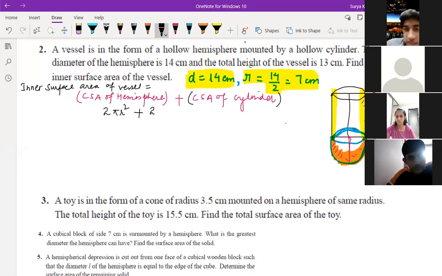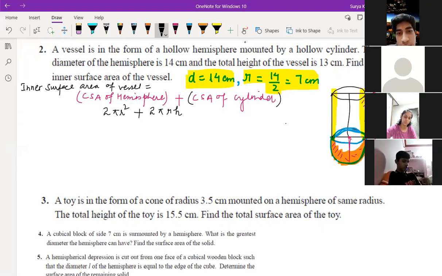The CSA of cylinder, pi r square, right? No, that is volume. CSA of cylinder is 2 pi r h. First of all, you should see, children, r is the same for both. What is the r for cylinder, children? 7 centimeter.